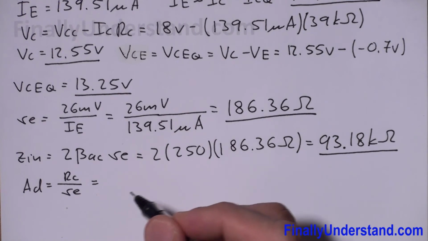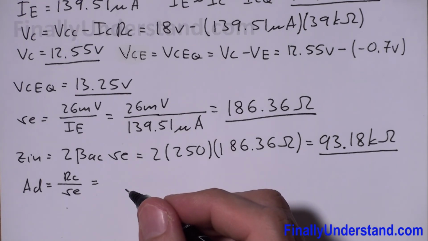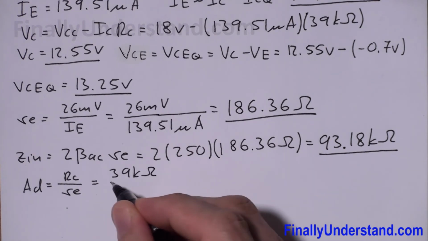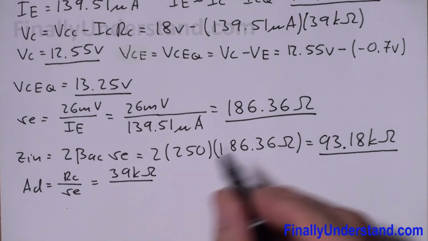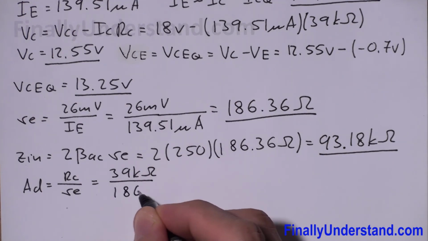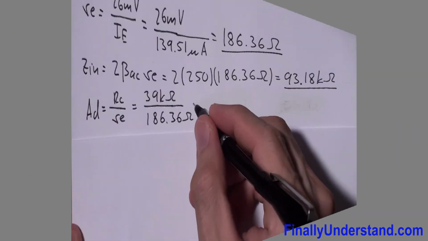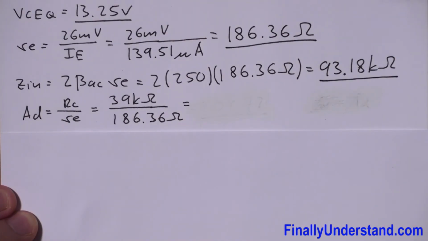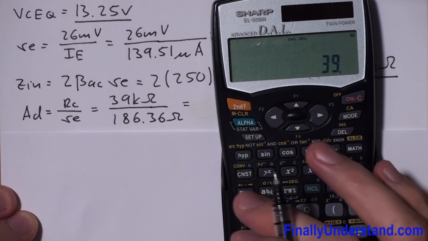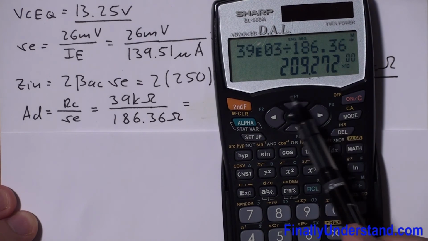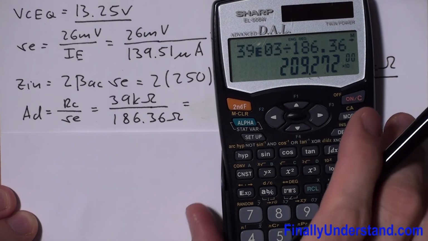My RC is equal to R1 and R2, which is 39 kilo ohms, over small re, 186.36 ohms. Using the calculator, 39 exponent 3 divided by 186.36 is equal to 209.27.